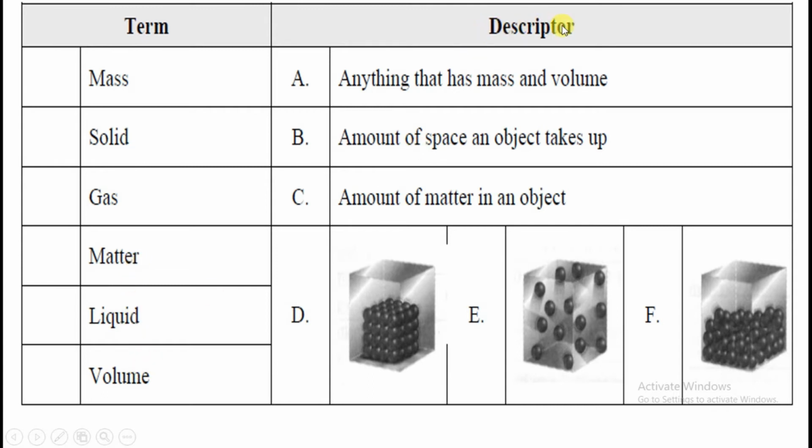Here are the descriptors: anything that has mass and volume, amount of space an object takes up, amount of matter in an object, and D, E, F images are there. You should match the terms with the descriptors.